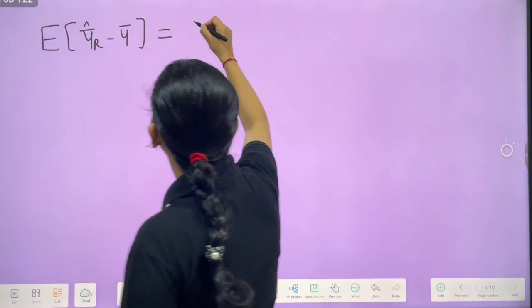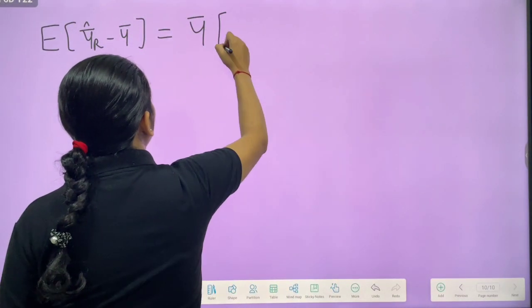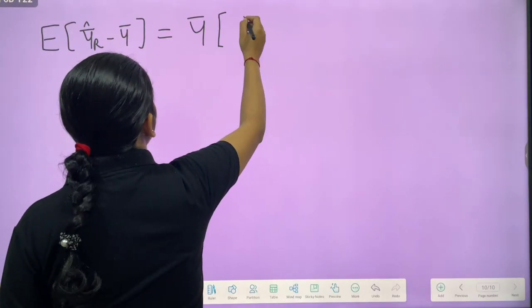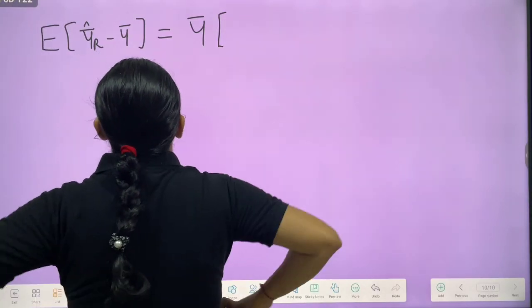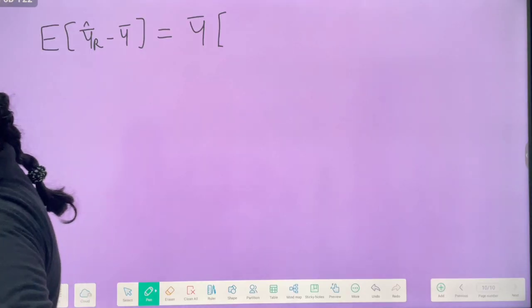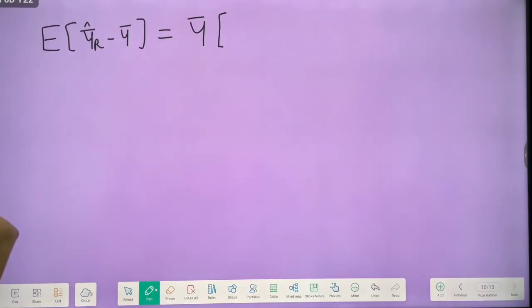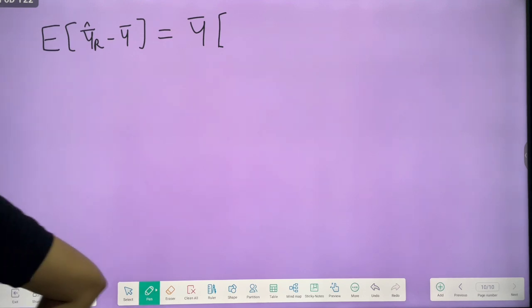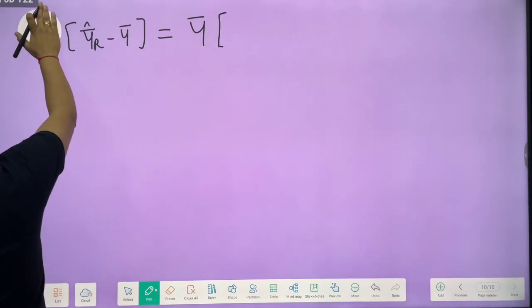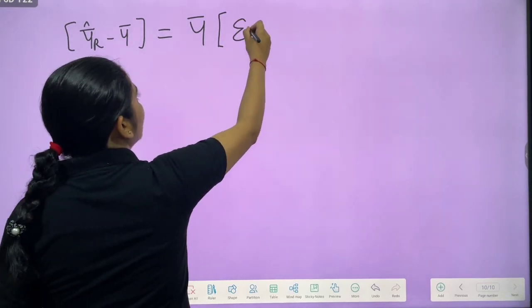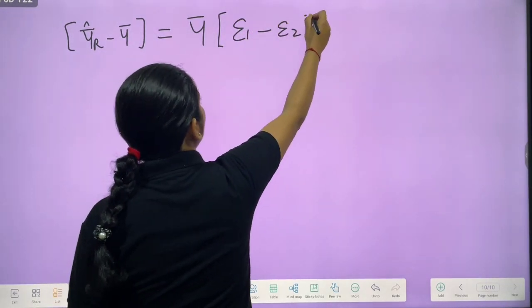So it will be y bar into, we are not taking this estimation, y bar into epsilon 1 minus epsilon 2.